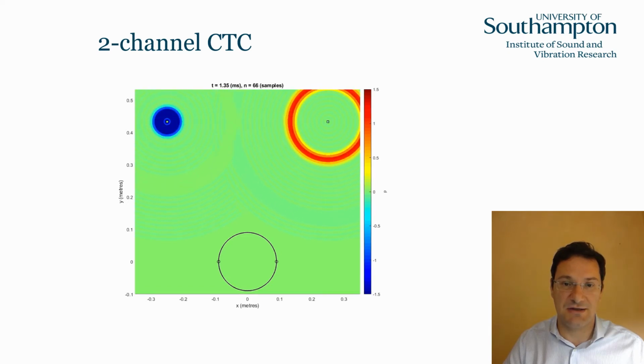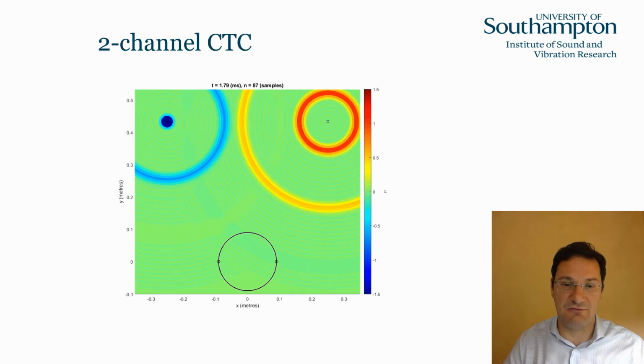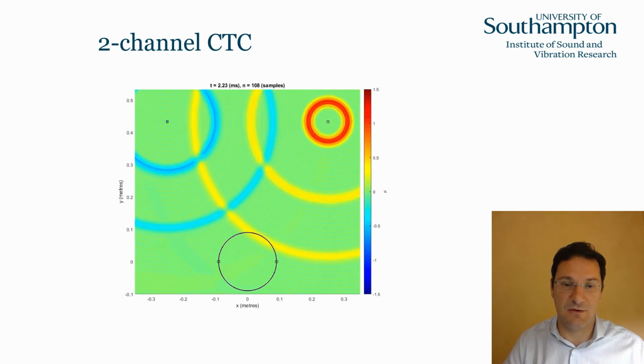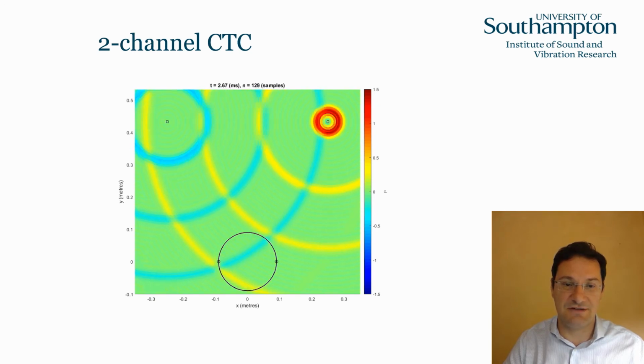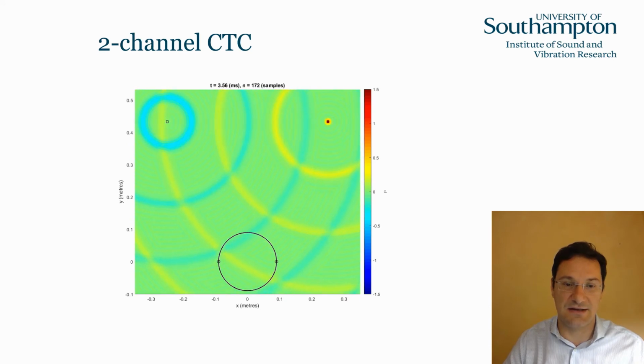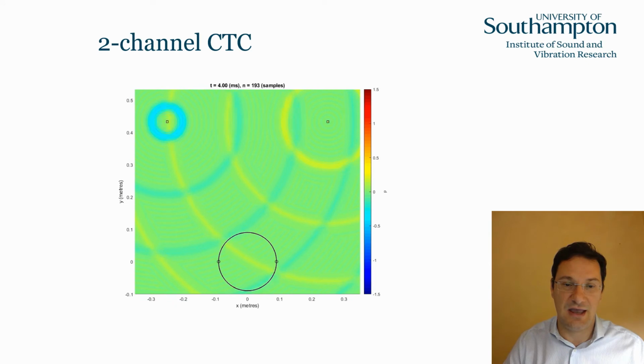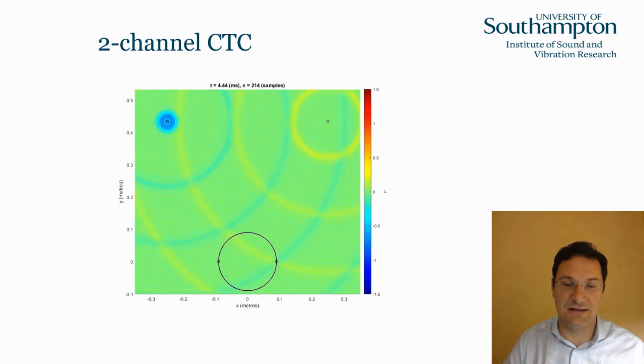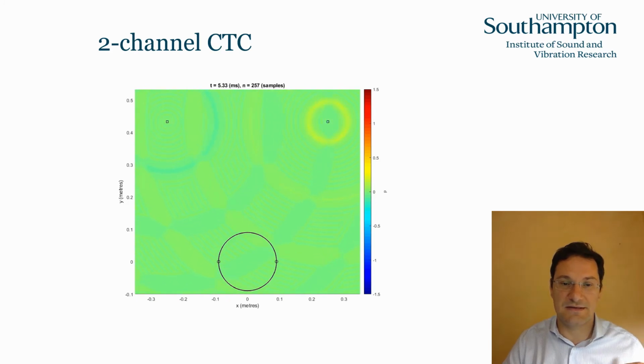The right loudspeaker generates a pulse, and that reaches the right ear. What you can see here at the left ear, the two loudspeaker signals cancel each other out. And even though the intended signal was just at the very beginning, this cancellation process goes on for quite a long time.